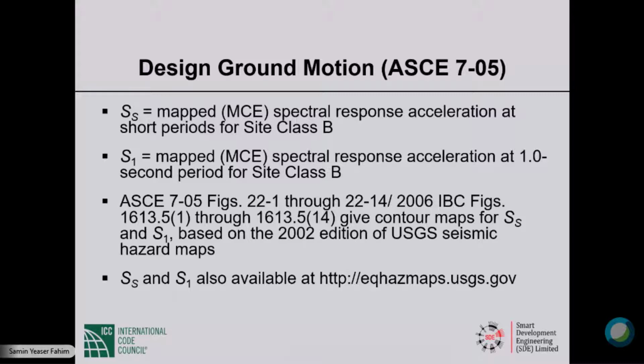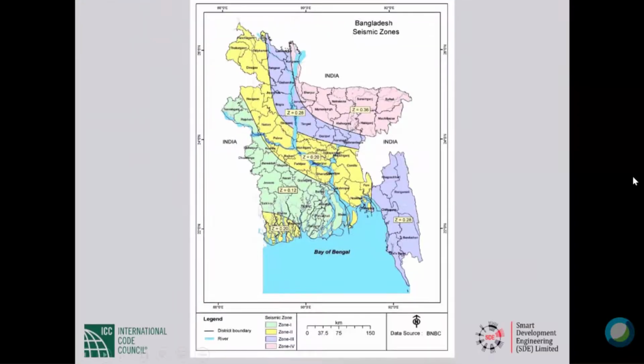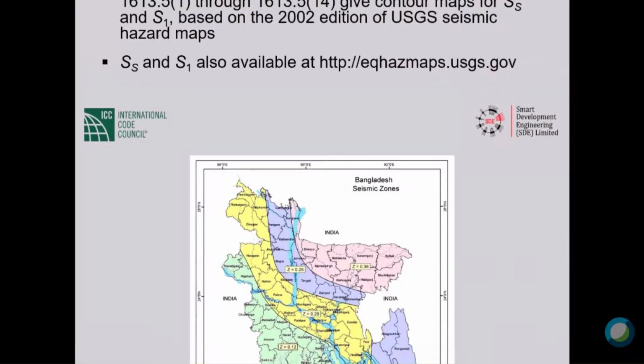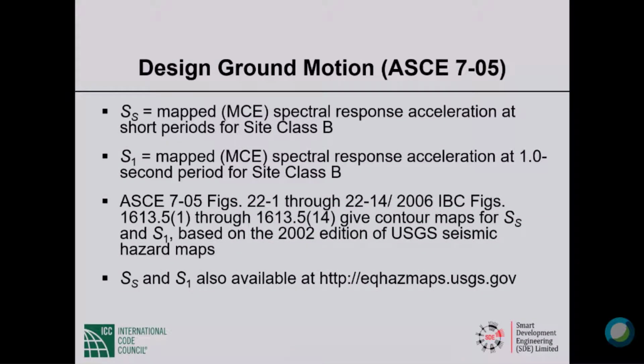Site class B refers to one of 6 site classes that we have in ASCE 7-05. We have site classes A, B, C, D, E, and F, not very dissimilar to the soil types of BNBC 2020, and we will come to that very soon.